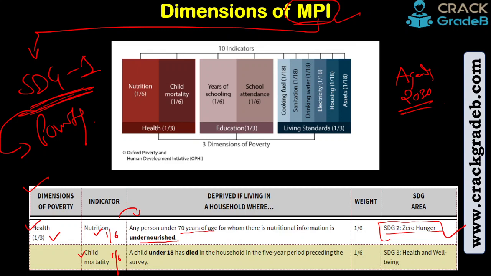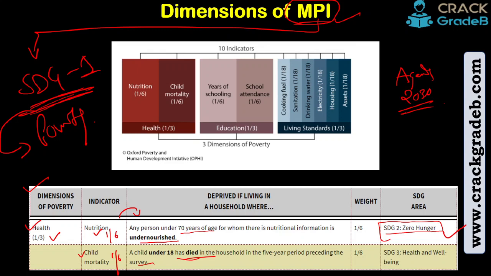What is the meaning? A child under 18 has died in the household in the 5-year period preceding the survey. Okay, that's child mortality. So any child from day 1 to 18 years, if they have died, right? So let's say the report is publishing in 2021. Maybe the survey is from 2019-20.